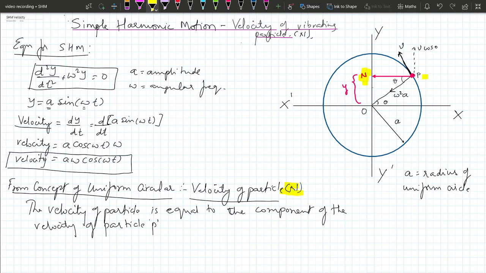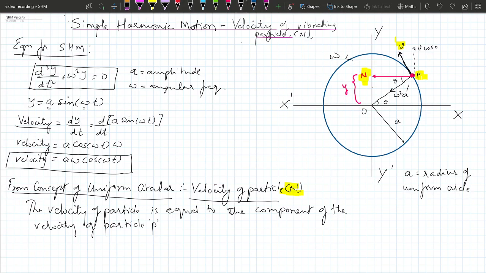This point p is actually moving in a uniform circular motion. At the point p, the velocity of the particle is v. This is a linear velocity, though it is moving with a uniform angular velocity omega.